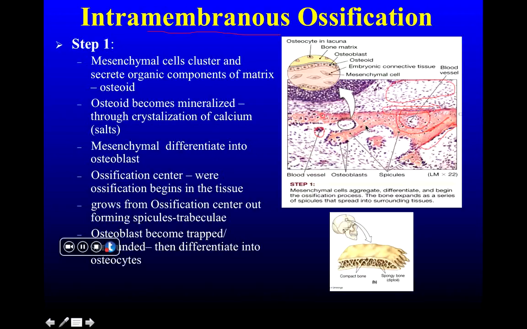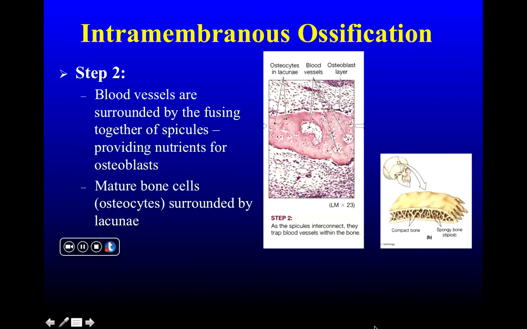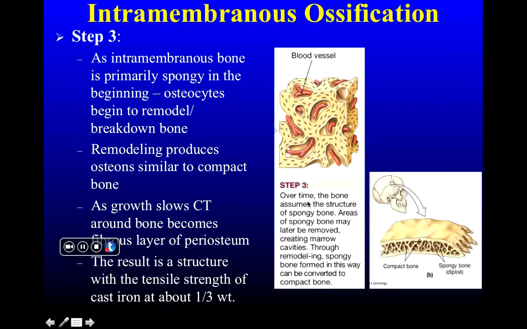Then they start to ossify or harden the matrix around them, right? Step 2 says it's not just hardening in a random area, it's making these spicules which will trap and surround blood vessels, right?